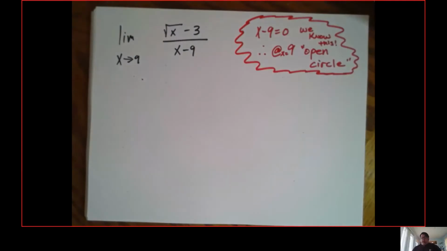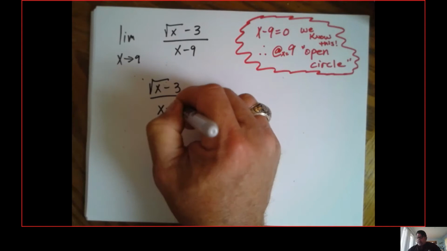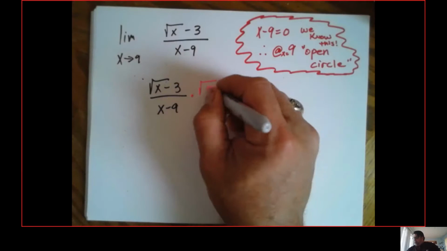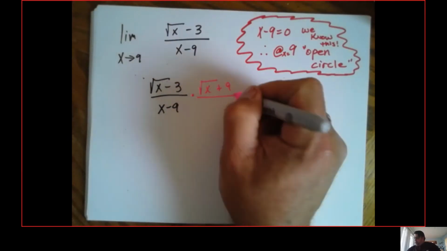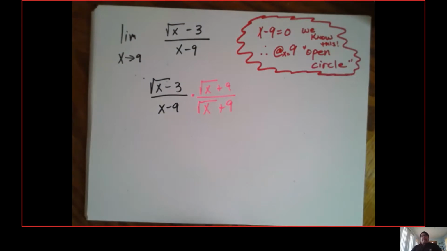But what else do we need to do? Well, we're going to have to do something, and I would rationalize the numerator here. I would rationalize the numerator because rationalizing the denominator isn't going to help you very much. So I'm going to do the square root of x minus 3 over x minus 9, and I'm going to multiply through by the square root of x plus 9. And you could go through and rationalize the denominator.